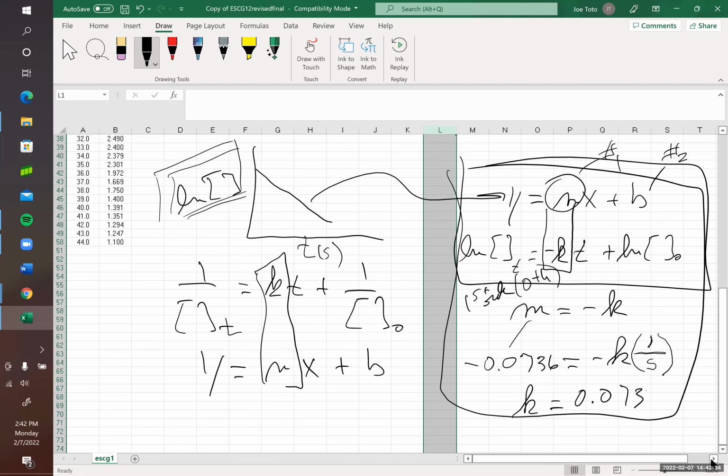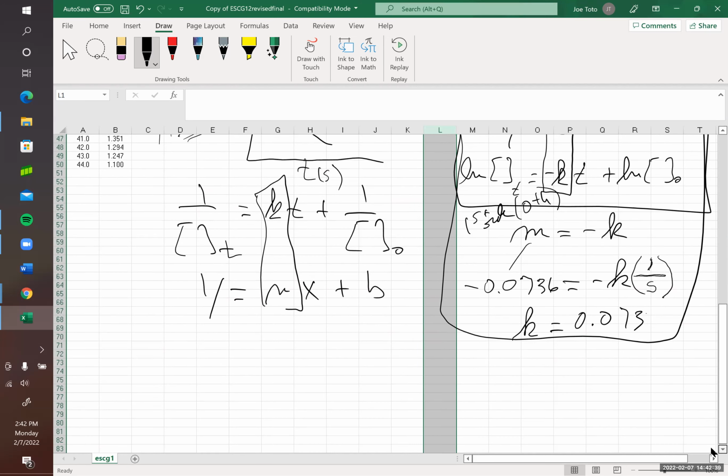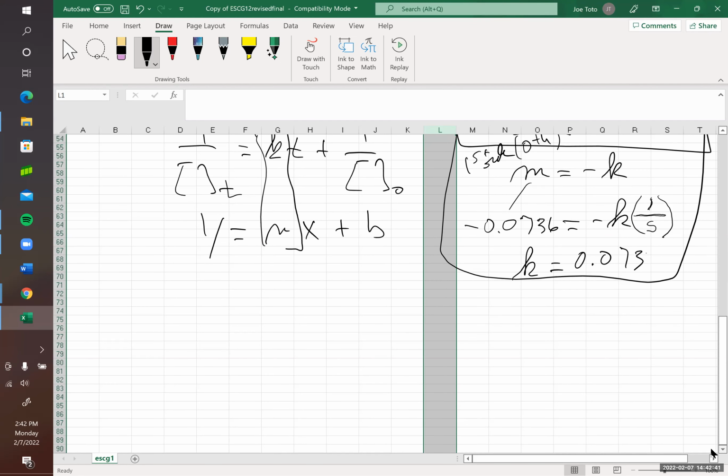And that should make sense because it's first order. And we know that the units of K change depending on the overall order. And if it's first order, then I'm going to get units of molarity here.